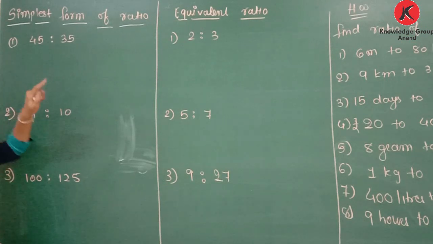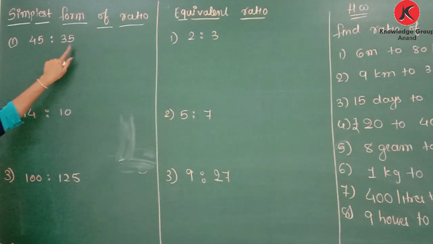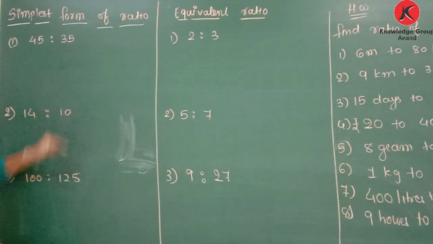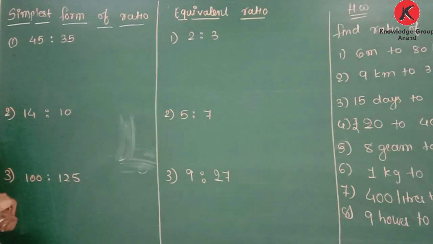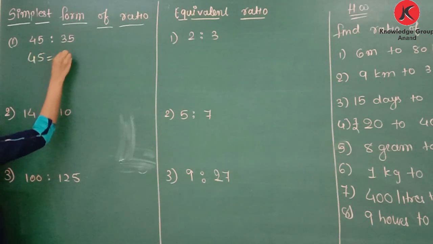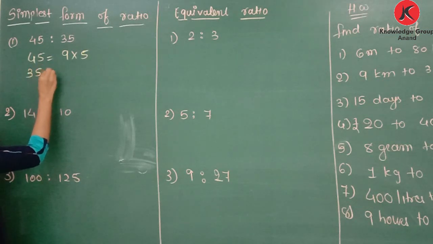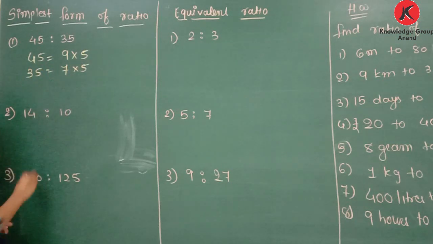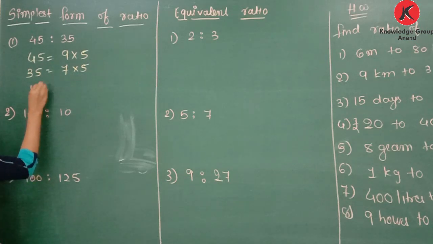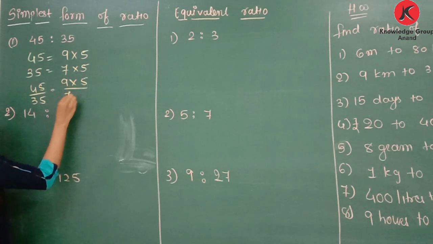So how can we find the simplest form of a ratio? Here 45 is to 35. That is the given ratio. Now we need to convert the ratio into the simplest form. The factors of 45 are 9 times 5, and of 35 are 7 times 5. So 45 by 35 is 9 times 5 by 7 times 5.